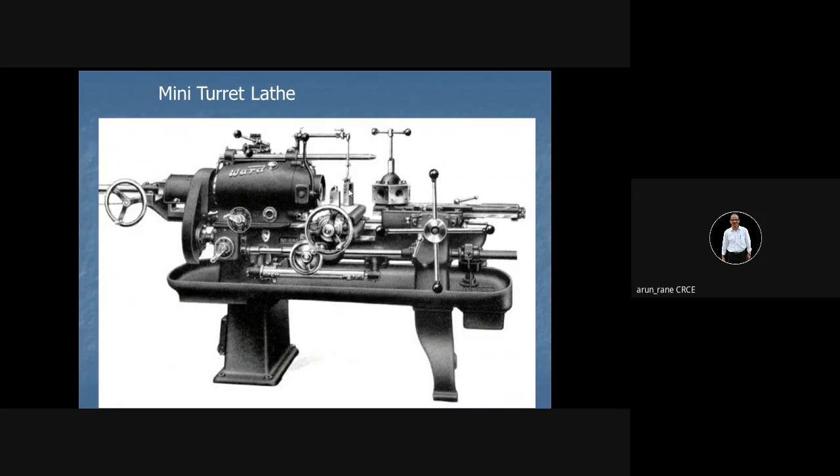That means once one component is done, it is parted off, then the bar is pushed or pulled, everything automatically with the help of this weight. This weight is used for pulling the bar. So once one component is over, it falls down, then this chuck or collet opens, then the bar is pulled to the desired length, there is a bar stopper, and then it is clamped in the collet, then the cycle begins.